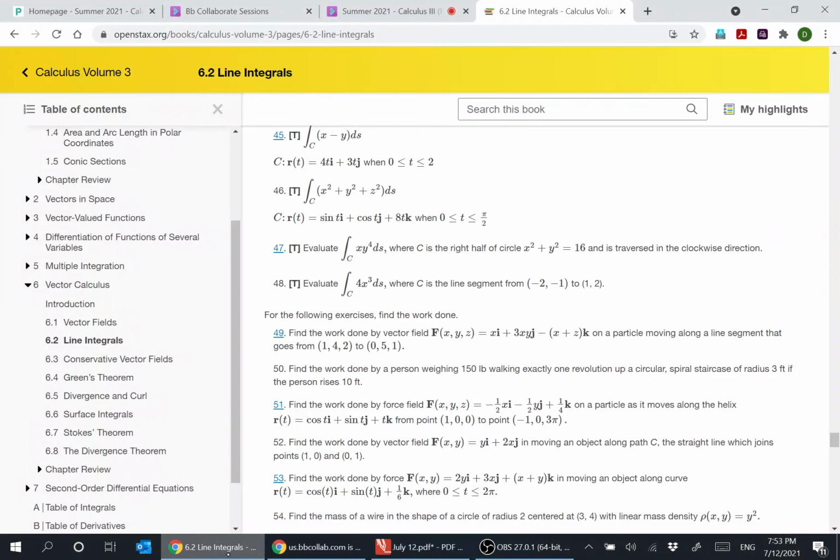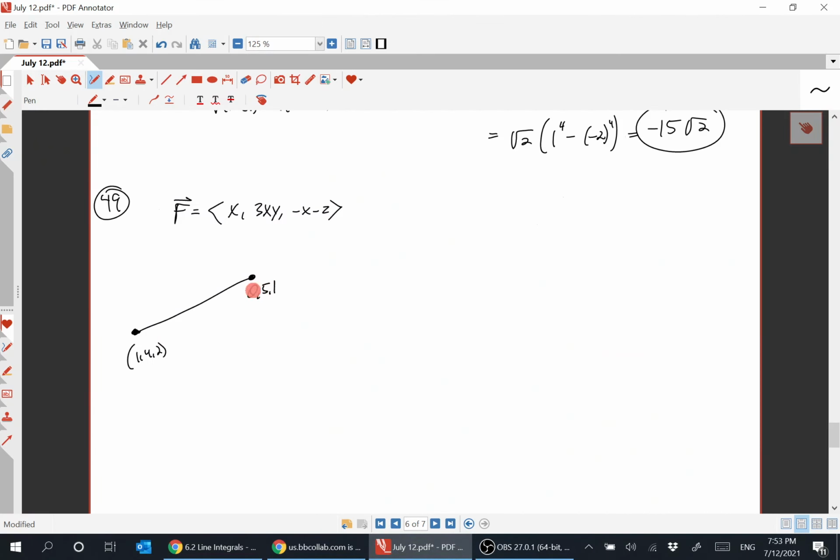If you calculate it in one direction, you get the answer 10. If you calculate it in the other direction, it gives you the negative answer, negative 10. So the direction along the curve matters, but it only negates it if you did it in the opposite direction. So from 1,4,2 to 0,5,1. Okay, so we're talking about the line segment in that direction. So the vector from here to here, the vector in that direction is minus 1, 5 minus 4 is 1, 1 minus 2 is minus 1. So the parameterization, so this is C.